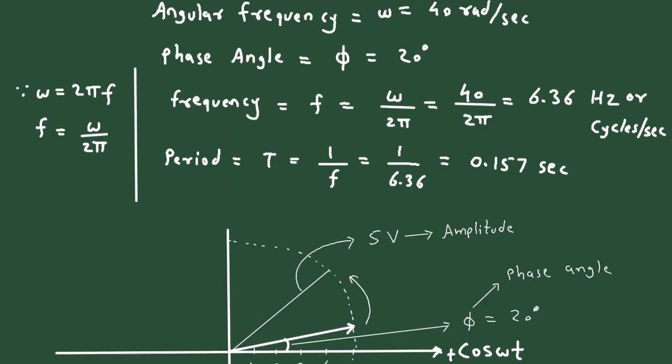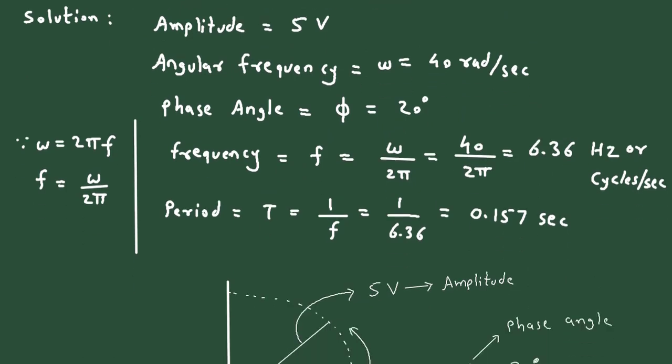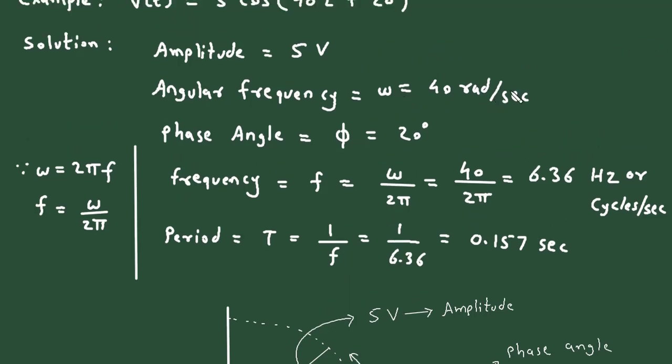Now next is amplitude, then phase angle, then angular frequency. So angular frequency is 40 radian per second. That means from this angular frequency we can find frequency, and then from frequency we can find time period. So time period is 0.157 second.